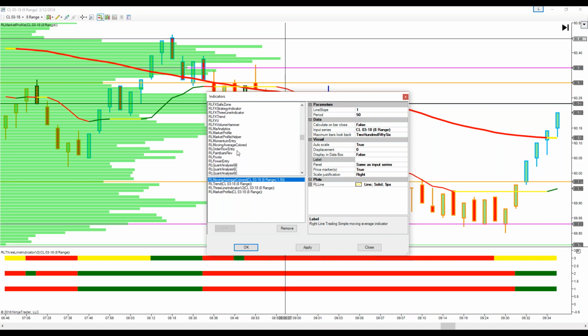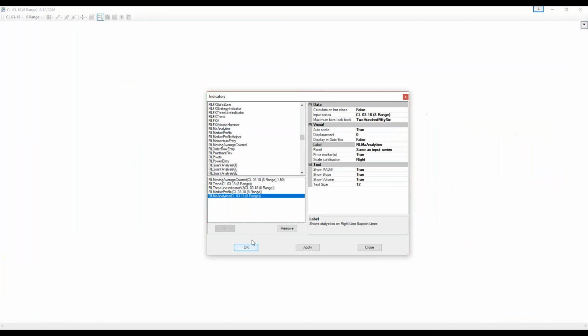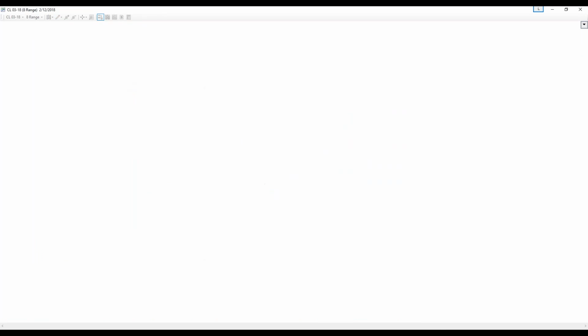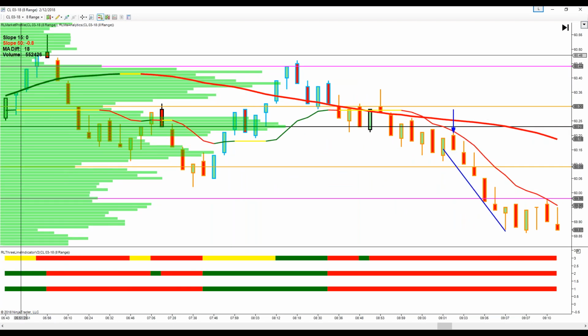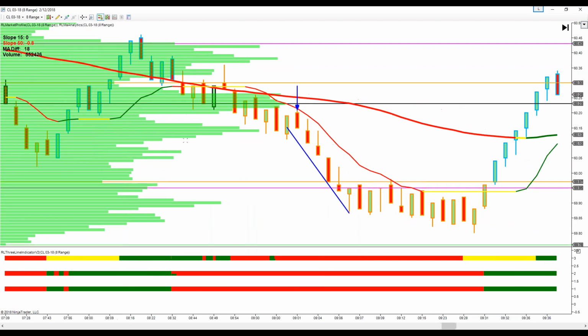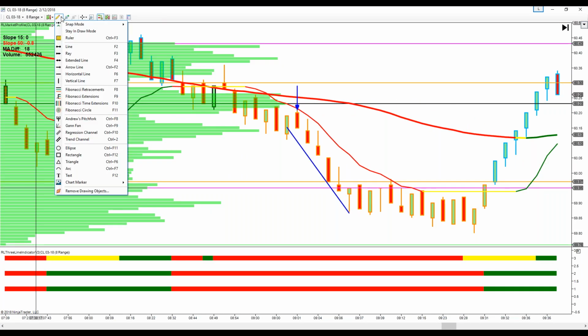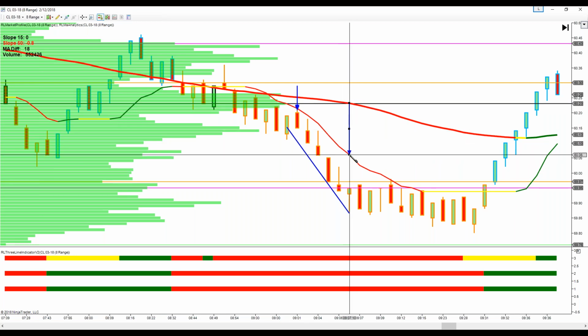Hang on a second here. Now, do you see this? This is called the MA diff. In ticks, this tells you the difference in ticks between the 50 and the 15.